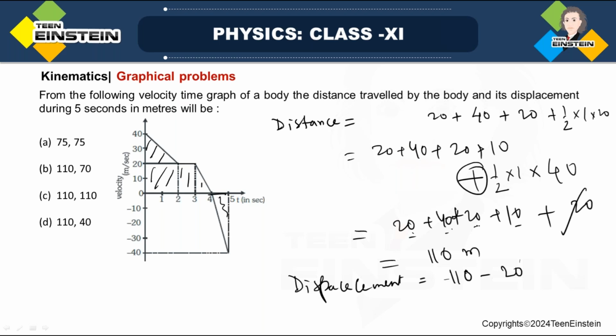This is this. Okay. So in case of distance, this 20 is added with this 20. So here it is actually 20, 40.